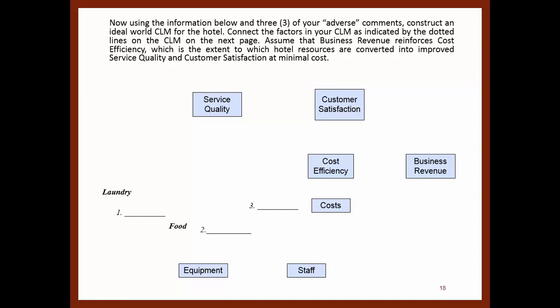And then once you have put those 3 in here, you're going to use the dotted lines to see if those items are reinforcing or having a positive effect on service quality, for instance, or customer satisfaction, and how all of them are connected in a positive or negative capacity. Does that make sense? Okay, so I'm going to let you work on that.